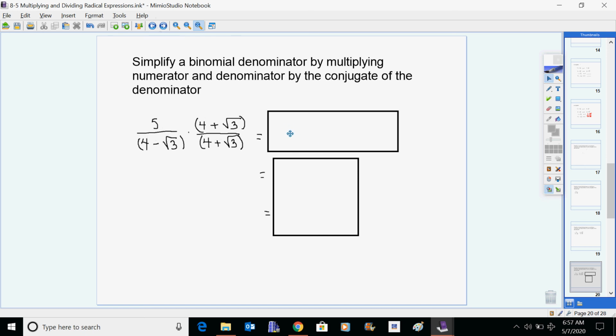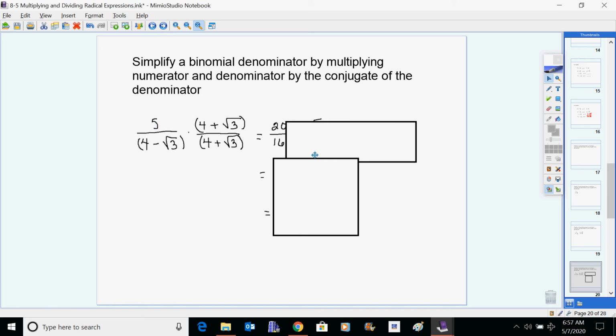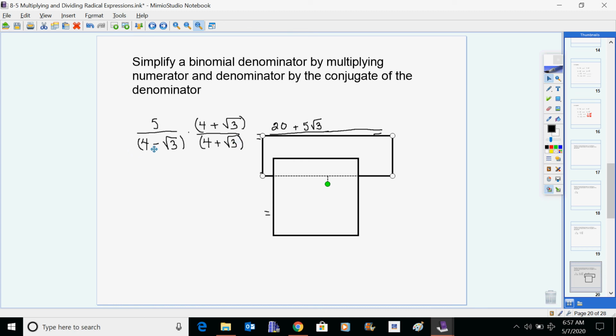Okay, so numerator gets distributed. Denominator, 4 times 4 is 16. Those middles, I have them written in here for you to show you one more time that they'll disappear.